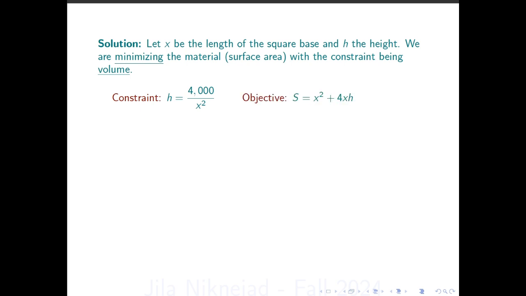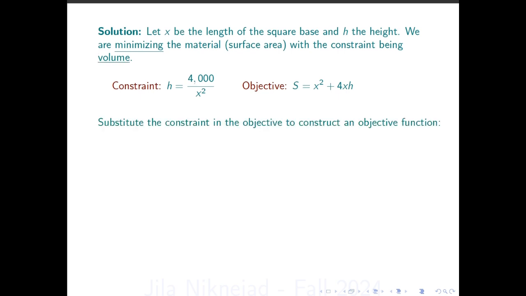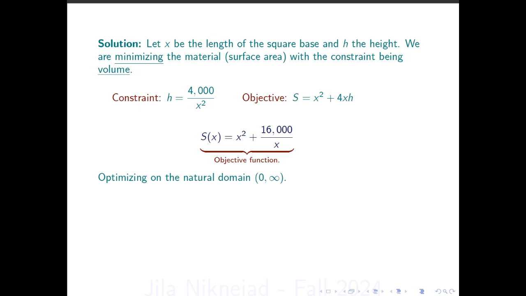Objective is s equal to x squared plus 4xh. If you're a pre-calculus student, you need these two on your paper. Then you need to compute the surface area function, which is by plugging in h into the objective, which is going to give you x squared plus 16,000 divided by x.